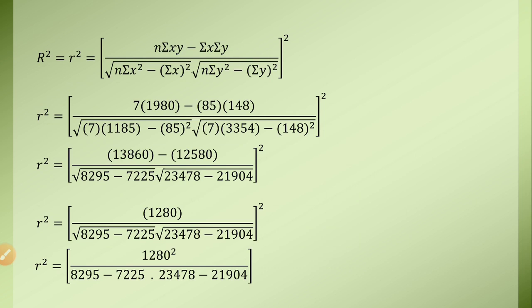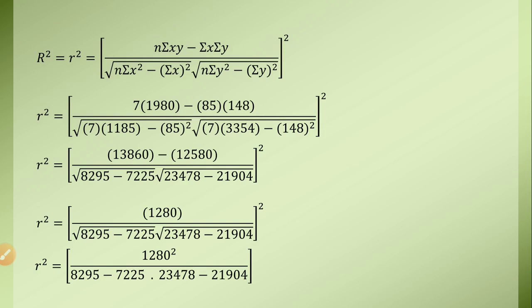Find the r till the end. Don't just change the formula, find r till the end, then take the square. Okay, we are following the formula. We have written the whole formula and a whole square on that formula.